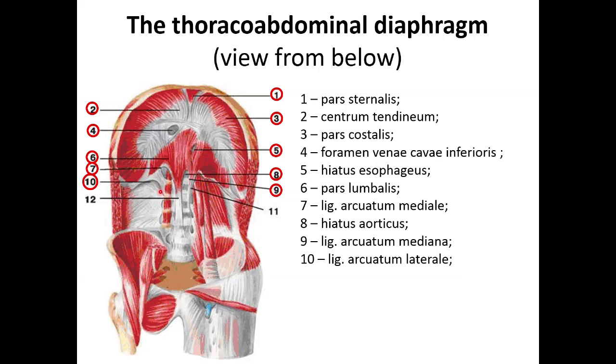So these two ligaments surround from anterior large muscles. Ligamentum arcuatum mediale surrounds musculus psoas major, here it is, and ligamentum arcuatum laterale number 10 surrounds musculus quadratus lumborum.